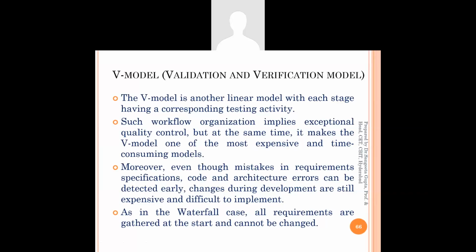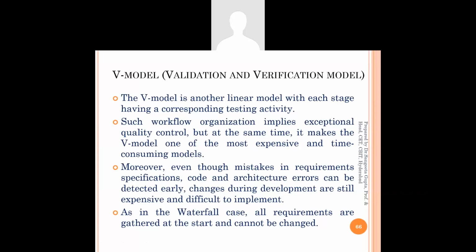But at the same time, this model is most expensive because testing is carried out at each and every stage. And not only expensive, it is also one of the time consuming models. If mistakes are made in requirement specification or coding and architecture, and even if they are detected early, it is still very expensive to deal with those difficulties or errors which occur through various phases.